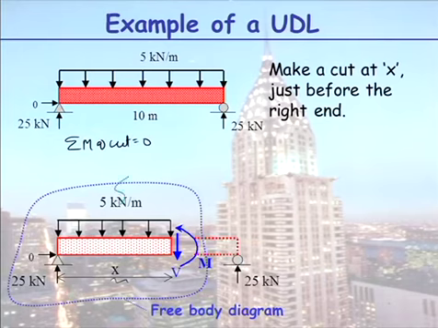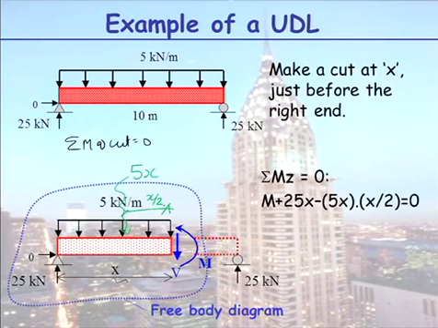Yep. This force here is 5x. Where is it acting? In the middle of x. So this distance in here must be x on 2. So, if we now take moments here, at the cut.